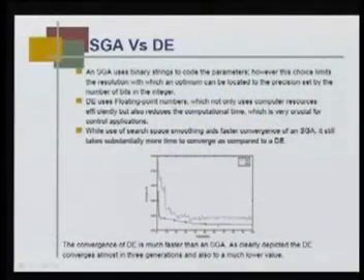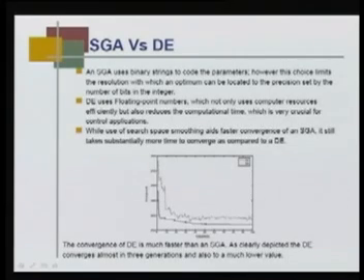So, now we will have a little discussion on the simple genetic algorithm and differential evolution. I wish that you are clear about what differential evolution is. A simple genetic algorithm uses binary strings to code the parameter vectors. We talked about that, however, this choice limits the resolution with which an optimum can be located to the precision set by the number of bits in the integer.